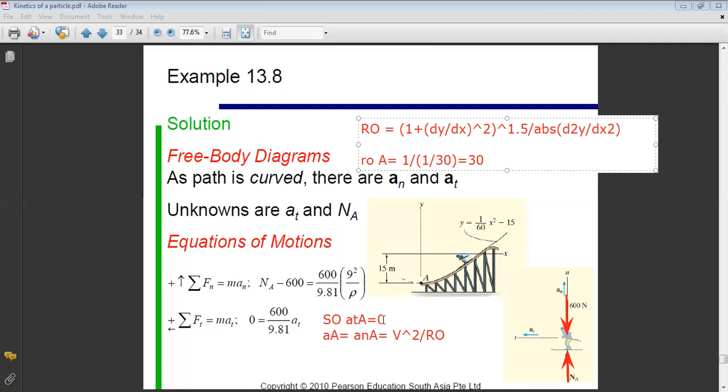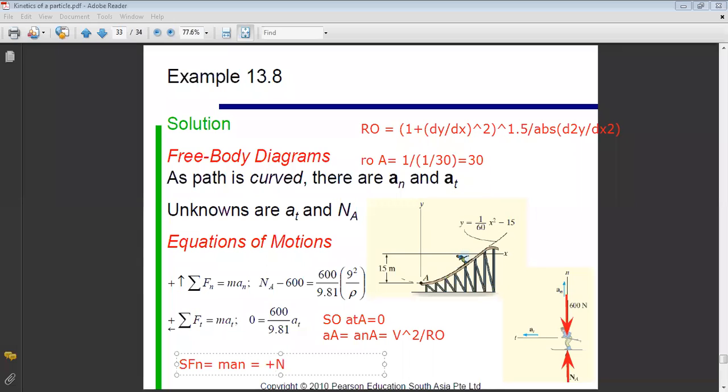Now, we didn't finish because I also asked for the normal reaction N_A. To get N_A, we apply the sum of forces along UN equals m a_N. Along UN, we have plus N_A and minus W equals m v squared over rho.